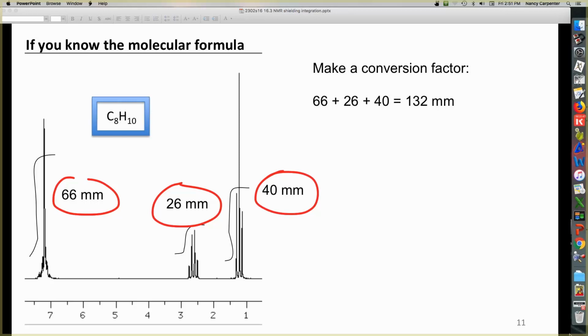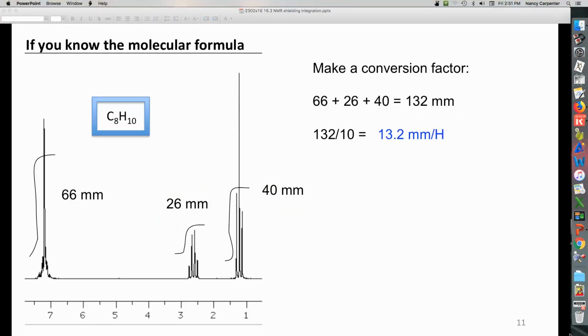All I have to do is add them all up. 66 plus 26 plus 40. That is saying that 132 millimeters are associated with those 10 hydrogens. So 132 divided by 10 means there are 13.2 millimeters per hydrogen. Yay, a conversion factor. Now I can use dimensional analysis.